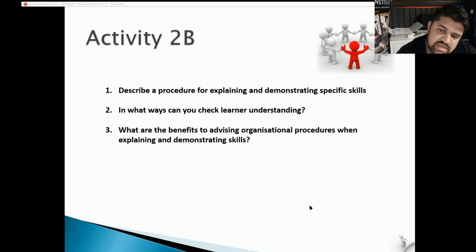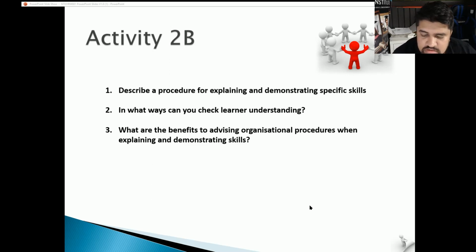Number 3. What are the benefits to advising organizational procedures when explaining and demonstrating skills? So the main thing that we want to make sure is the learners don't take the procedures or whatever the policies are in the organization as an optional thing.